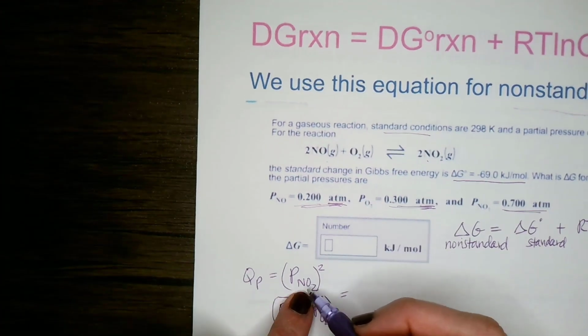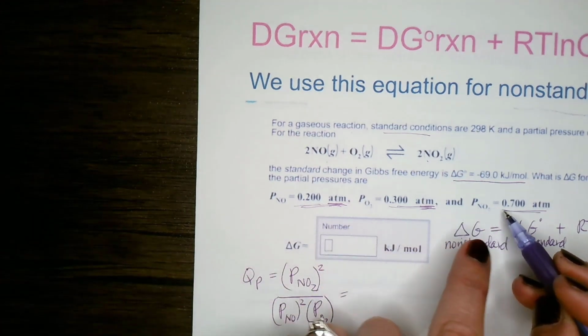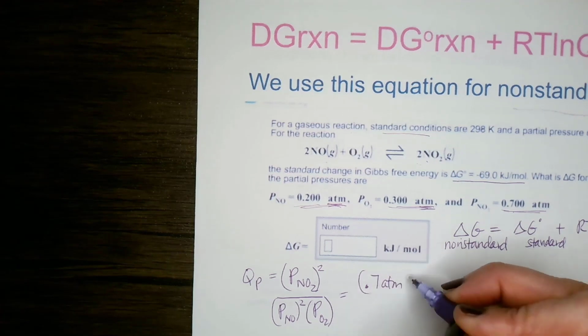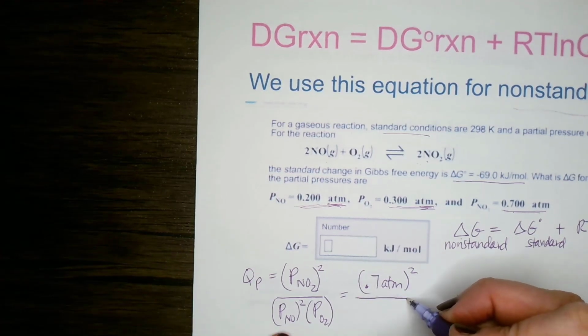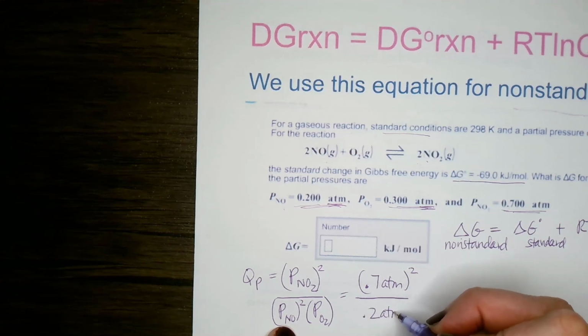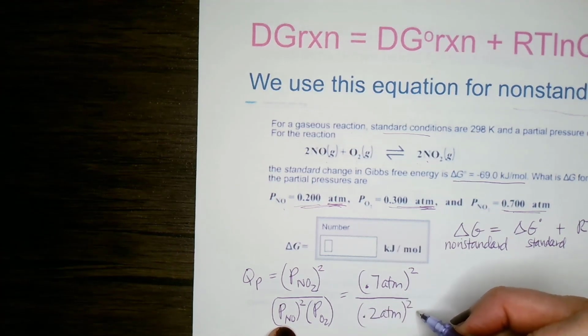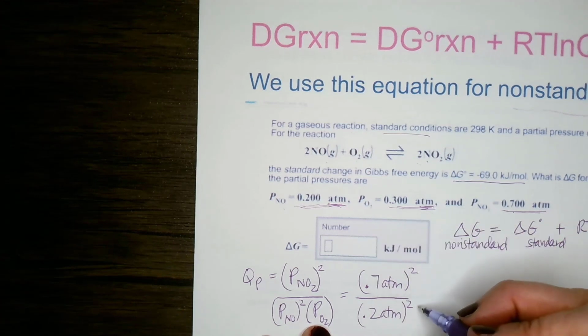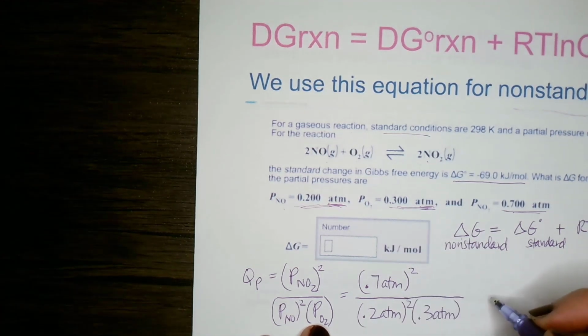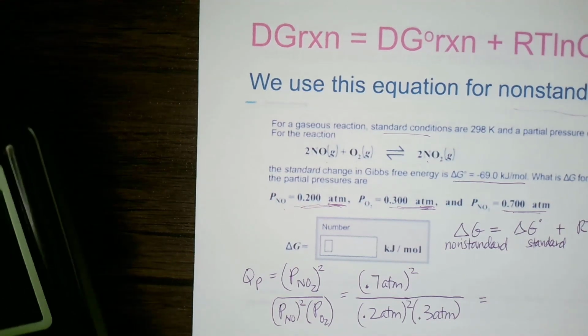So let's find our pressure of NO2, which is 0.7 atm. We're going to square that over pressure of NO, so 0.2 squared times the pressure of oxygen, which is 0.3. So let's do the math here on this calculator.